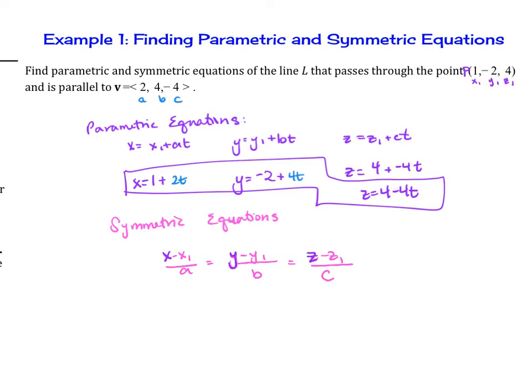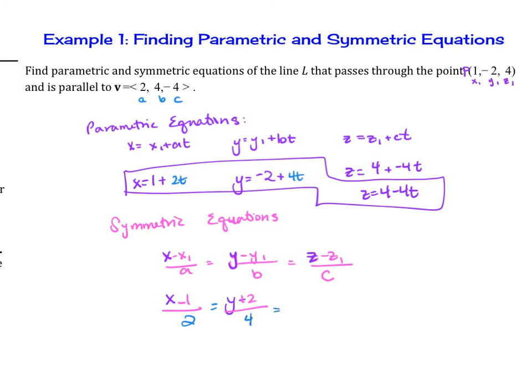So this is going to be (x minus 1) over 2, and that equals (y minus -2), so that'll be y plus 2, over b, and b is 4.